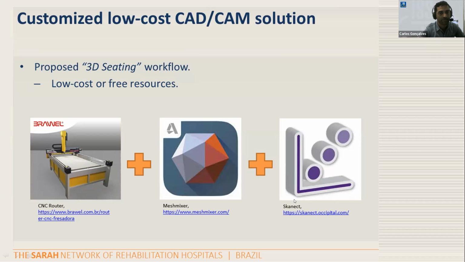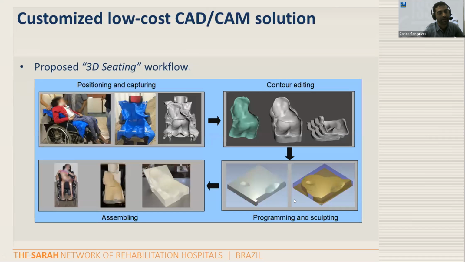So that setup was our original work in 2015. And with that, we created a 3D seating workflow based on positioning and capturing, contour editing, programming and sculpting, and assembling, which is also done by the commercial applications.